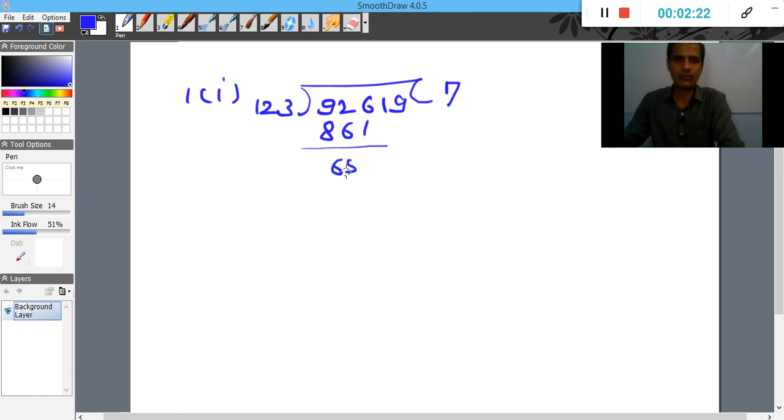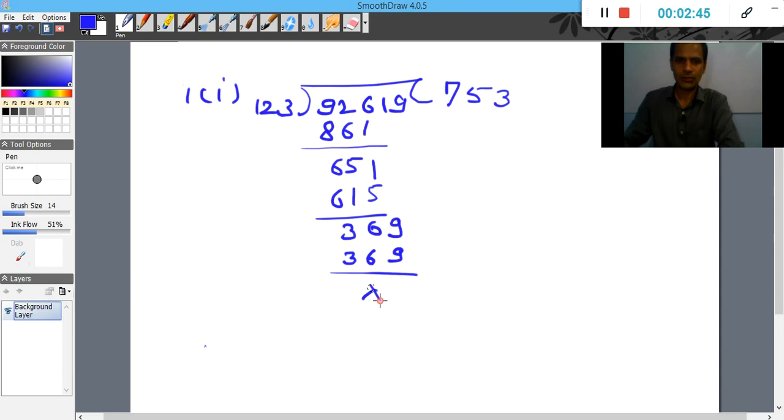After subtraction we have 65, copy this one, and it divides 5 times, that is 615. After subtraction we have 36, then copy this 9, it is 369, and finally it divides 3 times. So we have 3 threes are 9, 3 twos are 6 and 3 ones are 3. Remainder is 0. So our answer is 753.